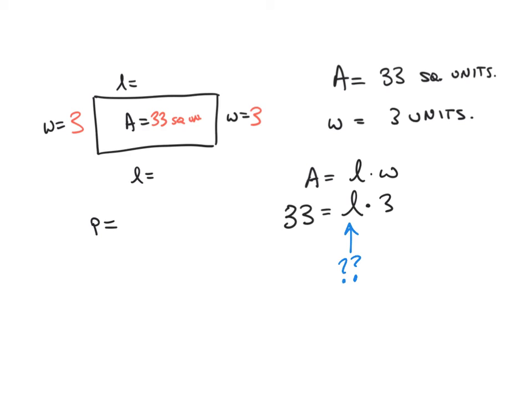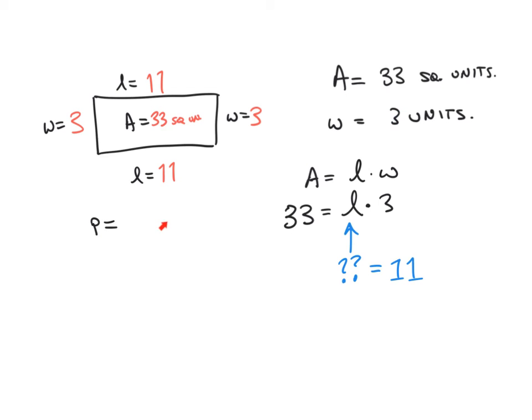That's the question. And I think we know that that number is 11 units. So, you've got to multiply 3 by 11 to get 33. So that means the length must be 11 in order for the area and the width to be what we were told, 33 and 3.